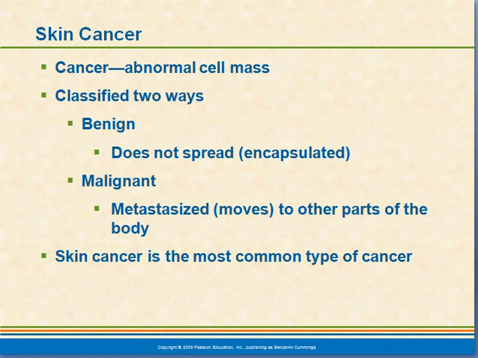Okay? Now, malignant cancers, these are ones that metastasize. And metastasize just means move to some other part of the body. Essentially what happens there is that a cell or two of this cancer breaks loose from the tumor mass and either gets in the lymphatic tissue or in the bloodstream and gets carried somewhere else.